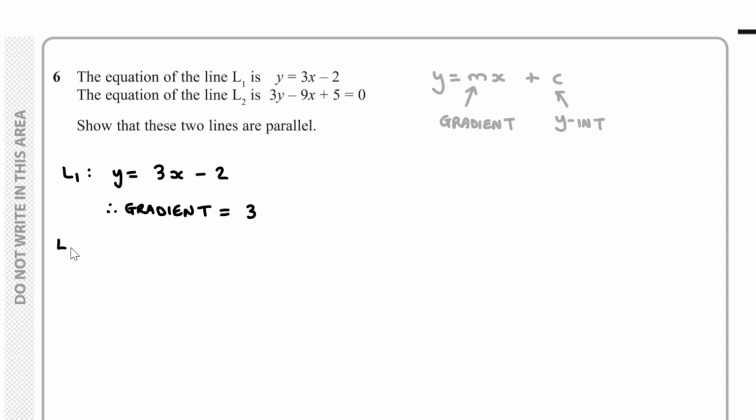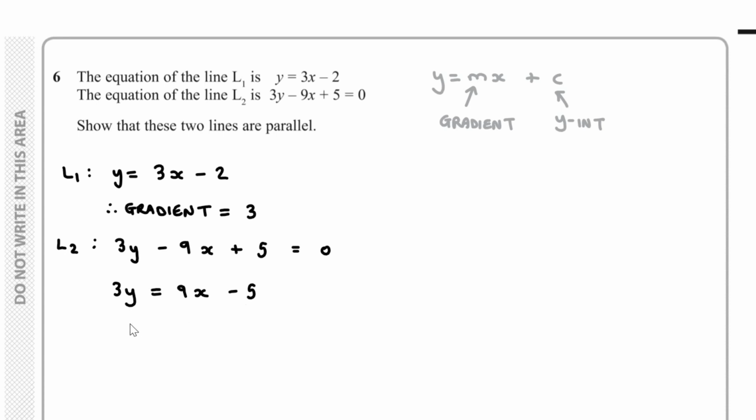And if we take a look at line L2, we have 3y minus 9x plus 5 equals 0. And if we rearrange this to get it in the form y equals mx plus c, well, first of all, we need to add 9x to both sides and then subtract 5. In other words, we need to take the minus 9x plus 5 to the right hand side. So we've got 3y equals 9x minus 5.